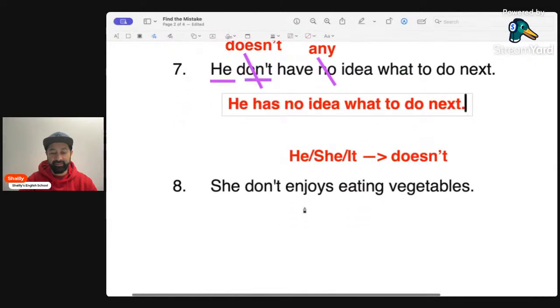So number 8 is also on the screen. It says, she don't enjoys eating vegetables. Correct, incorrect? What is the correct answer?